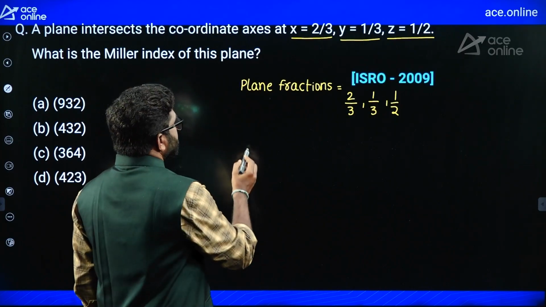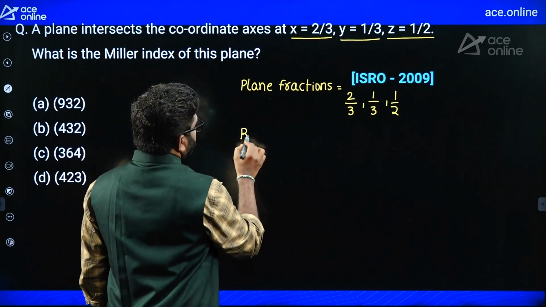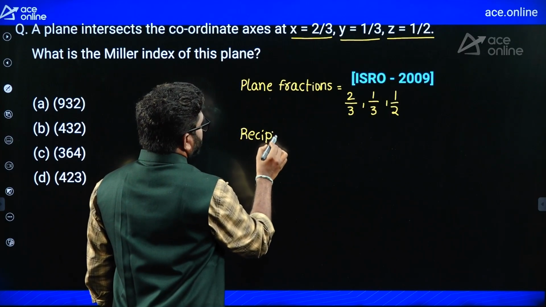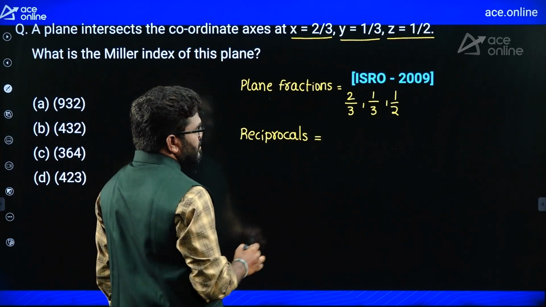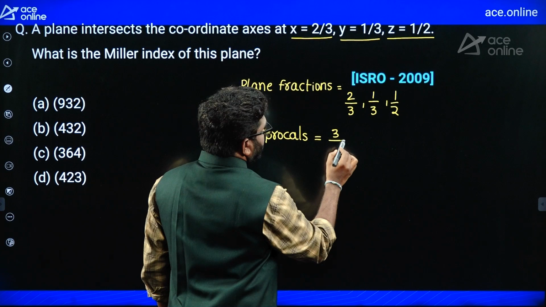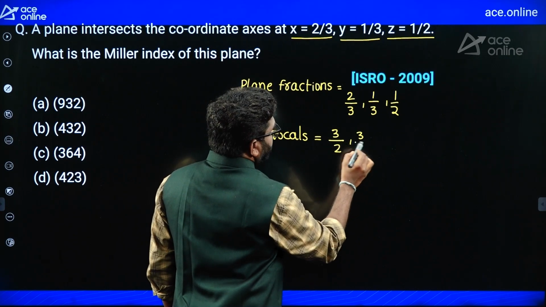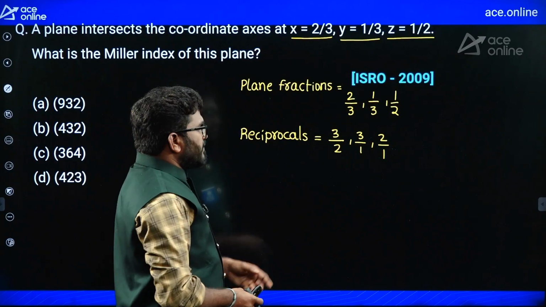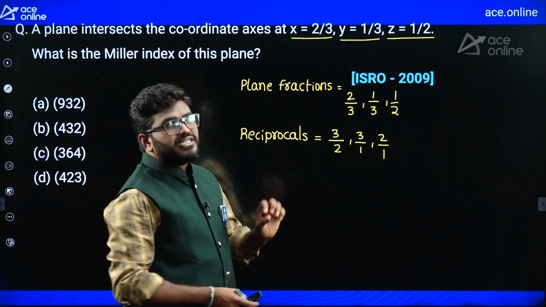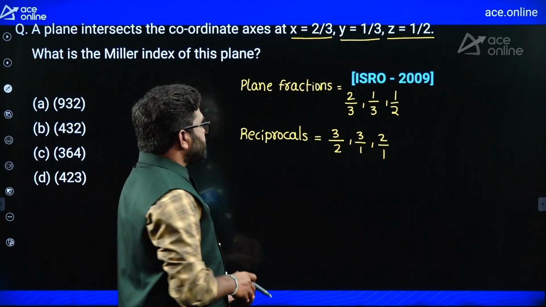So, reciprocals of the plane fractions. Now we take reciprocals: 3 by 2, 3 by 1, 2 by 1. Now here there is a fraction. You should convert that fraction into the complete integer form.